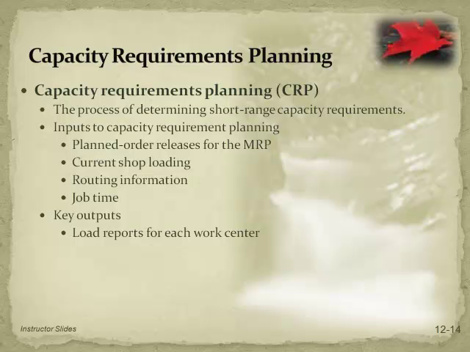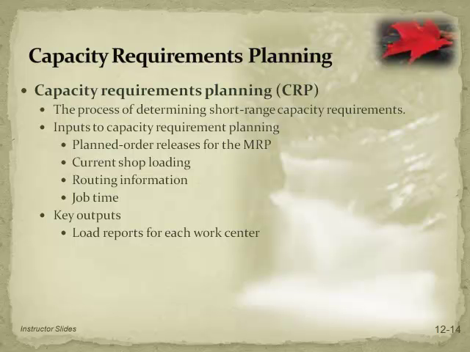By definition, capacity requirements planning is the process of determining our short-term capacity requirements. In other words, in order to produce a certain quantity of this particular item, how many hours of a certain machine are going to be required, and on what date are those hours required.